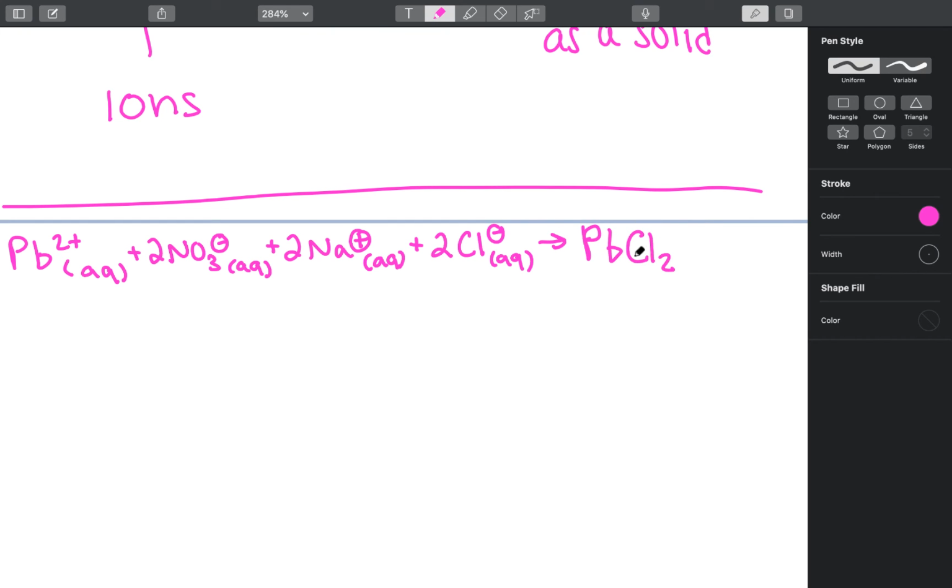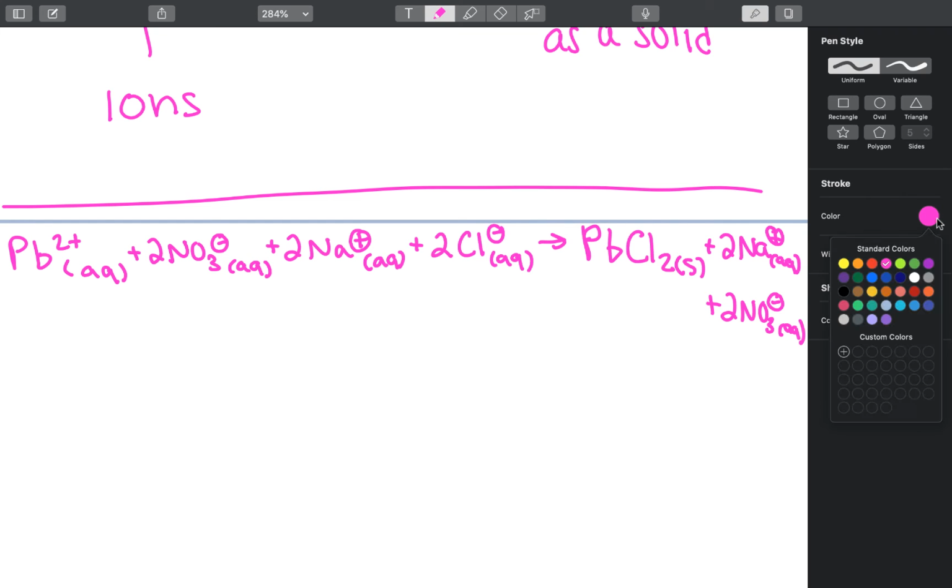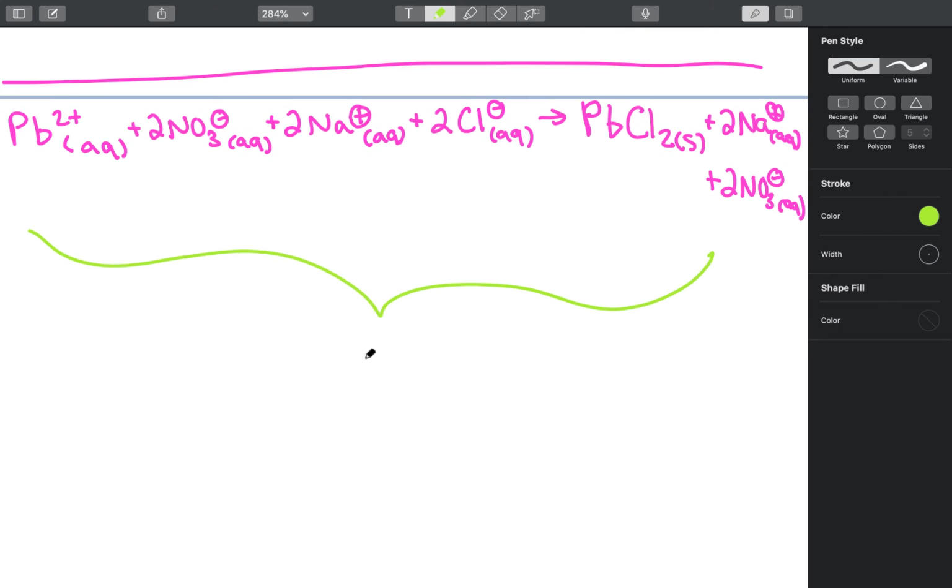So lead chloride is insoluble, so it's a solid. And then 2 sodiums. And then 2 nitrates. So this is our complete ionic equation. So let's put a little bracket, and this is our complete ionic equation.